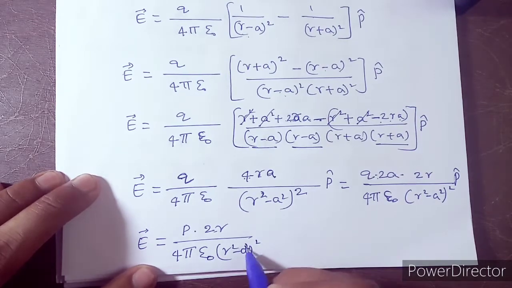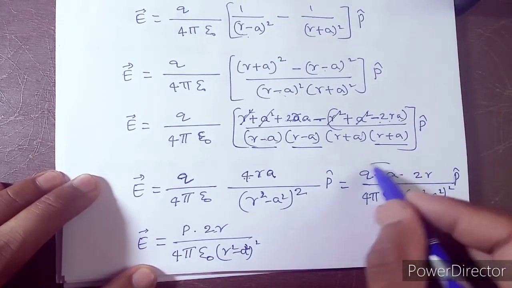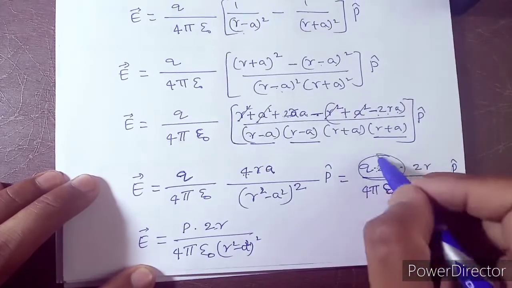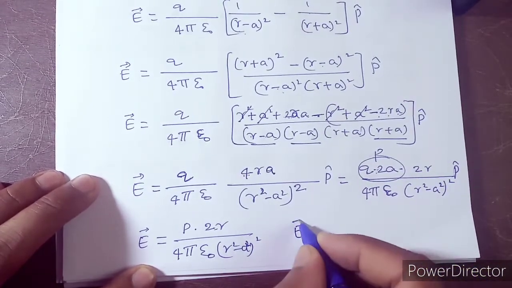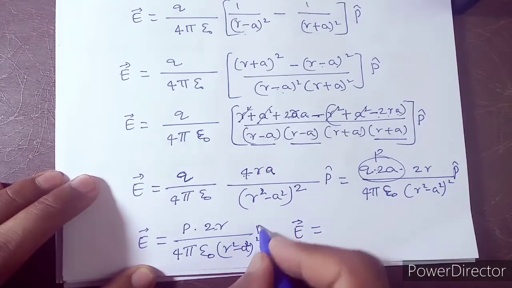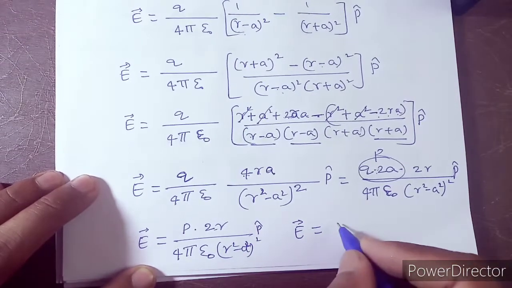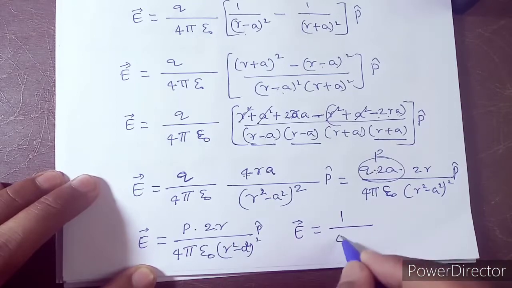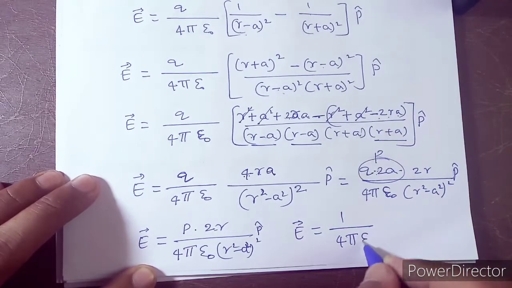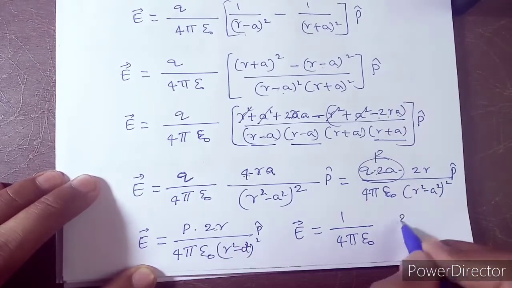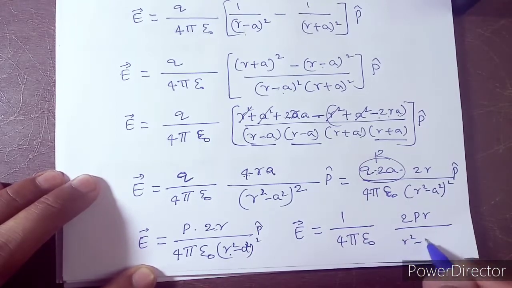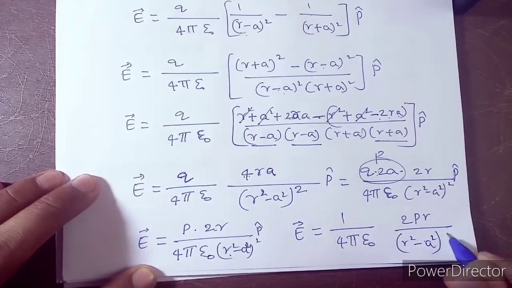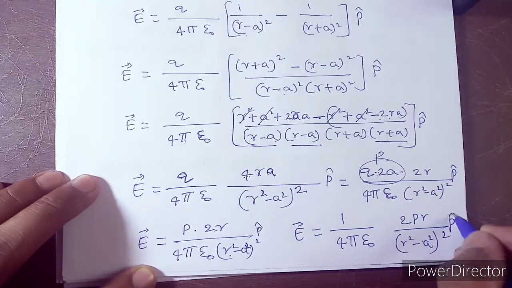Okay, so here 2AQ is nothing but P, that is dipole moment, that I have written here. So finally we will be having E is equal to 1 over 4 pi epsilon naught, 2PR divided by (R square minus A square) whole square, into P cap.